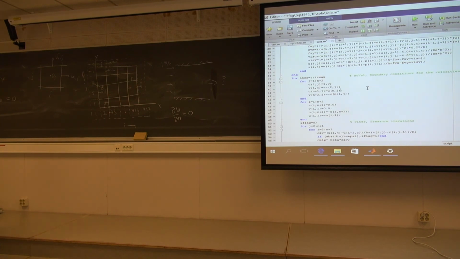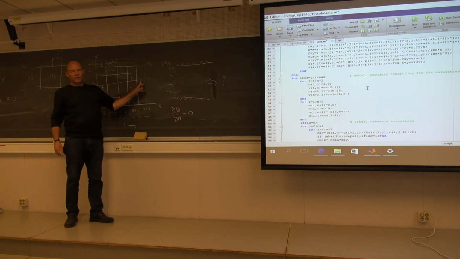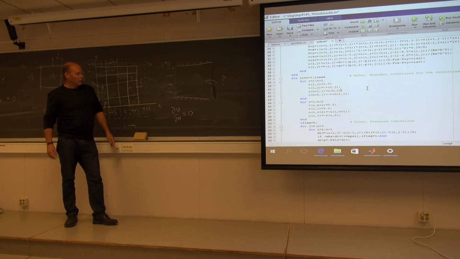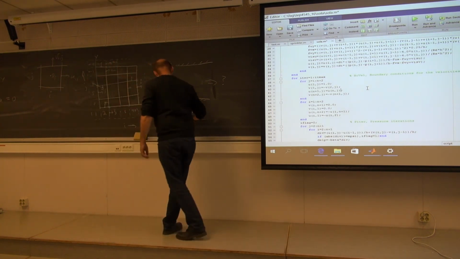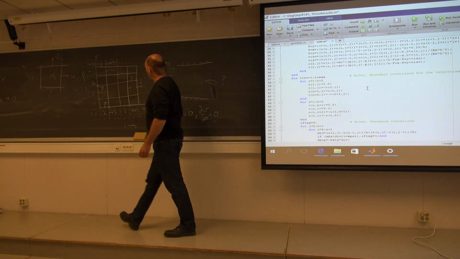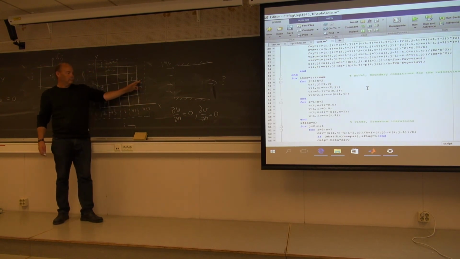What about the velocity in the y direction? We have to specify something for him as well. What should he be? Well, you can take derivative equal to 0 for him as well, saying dv/dn equal to 0, Neumann condition, or you could just say he's going to be 0.